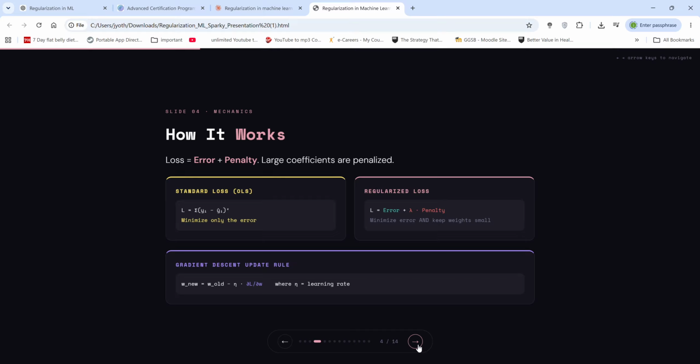We have two methods. One is a closed form method, that is OLS, and the second one is gradient descent, where we repeat the steps until we reach the minima, or the error is reduced.